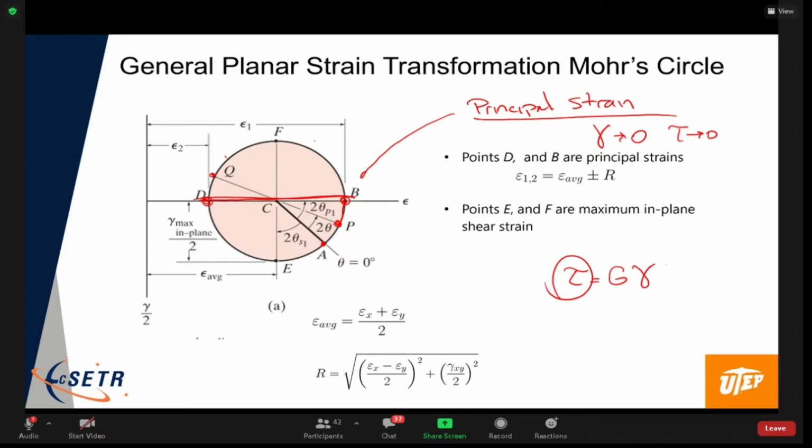And then again, we can also look at the points top and bottom where we have the maximum in-plane shear strain. Now, in that particular state, as with the max shear stress state, you will have a normal strain, right? It's actually going to be that average normal strain.